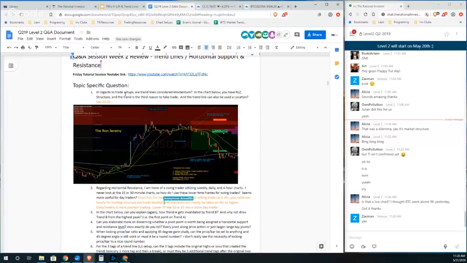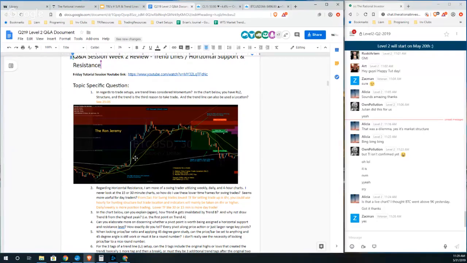In the level 1 program, we were very heavy on structure, momentum, divergence, indicator confirmation. We really only gave you one trade location tool in the level 1 program. I would argue that this level 2 program is much heavier on trade location tools.